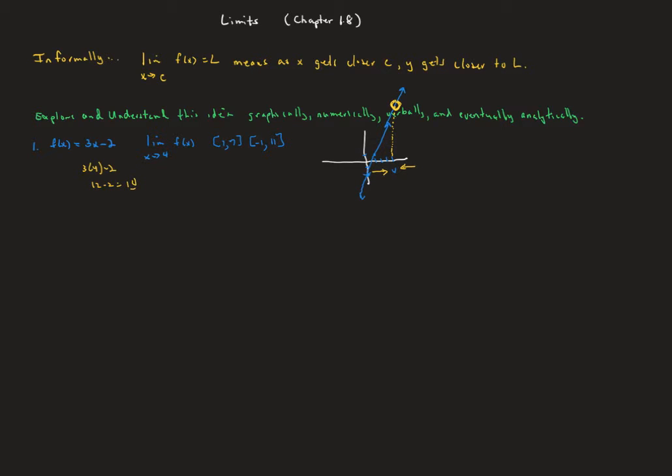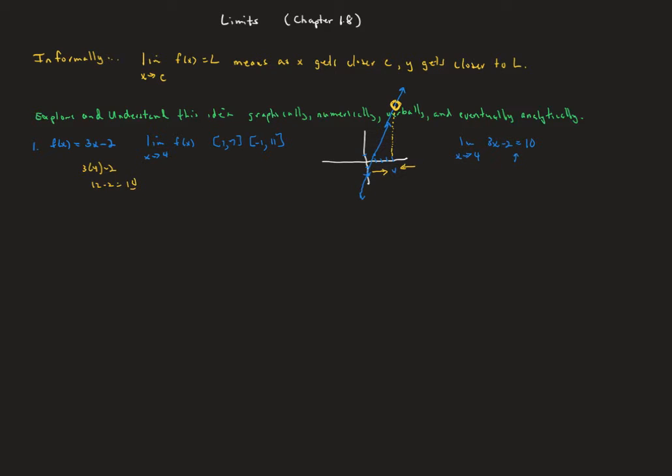So that is what we are going to call that limit. We will say the limit as x approaches 4 of 3x minus 2 is equal to 10.